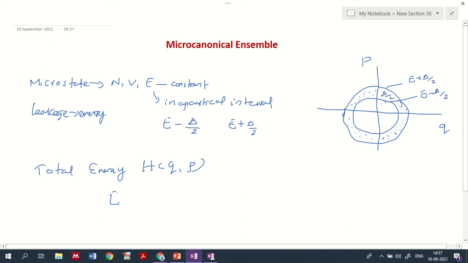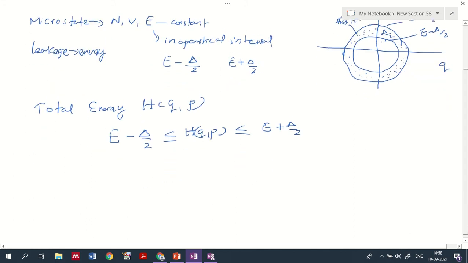It has a value between E minus delta by 2 and E plus delta by 2: E minus delta by 2 is less than or equal to H(Q,P), which is less than or equal to E plus delta by 2. So the Hamiltonian lies in this region, and the representative points can be identified in this particular energy interval only.